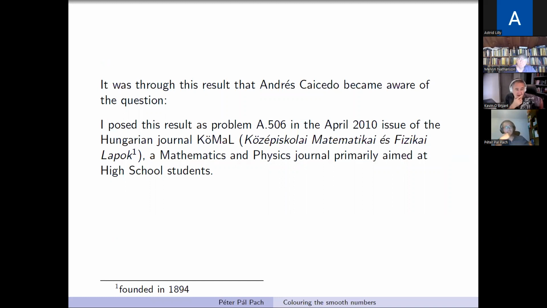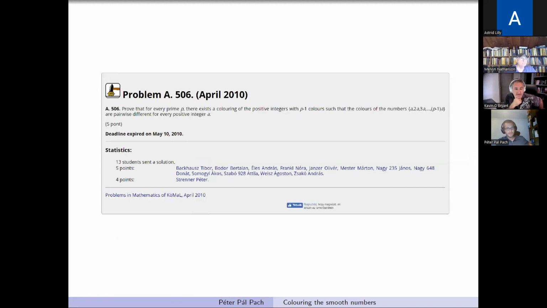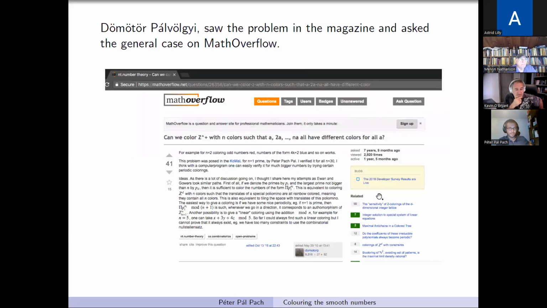I posed this problem in KöMaL, which is a more than 100-year-old math journal for high school students. And if you look at the names of the students who managed to solve it, you might find some familiar names, depending on your area.